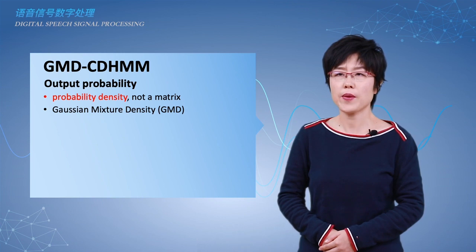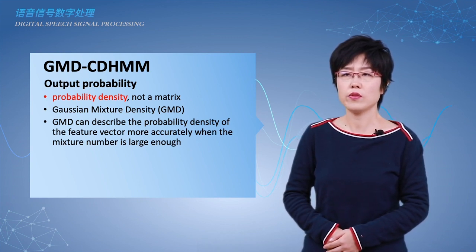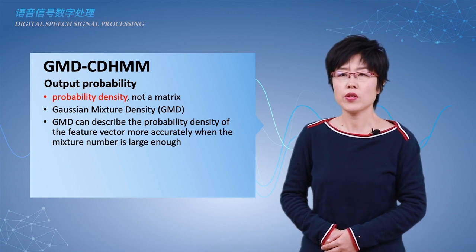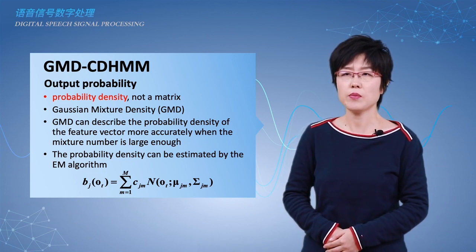When the mixture number is large enough, GMD can describe the probability density of the feature vector more accurately, and the probability density can be estimated by the EM algorithm.